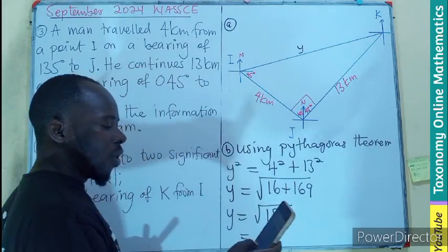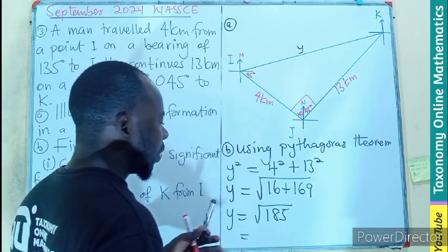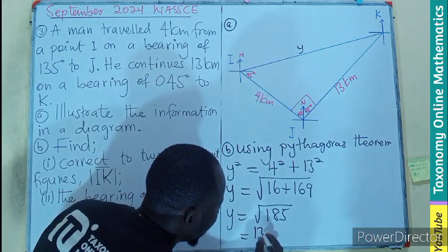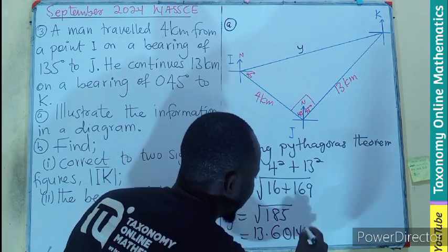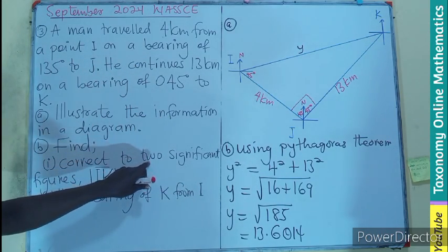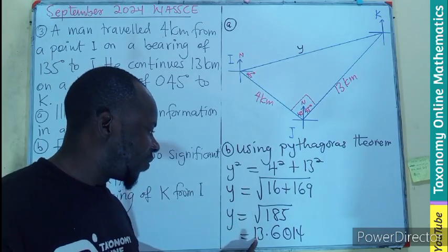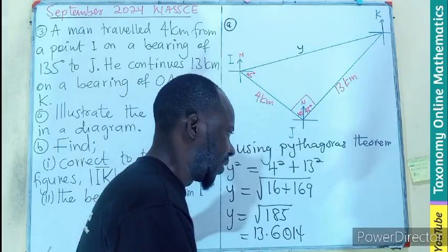Then the square root of that gives us 13.6014. But to find the length of IK to two significant figures, first figure, second figure, this is closer.